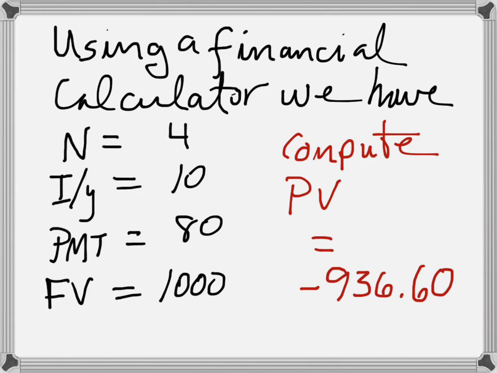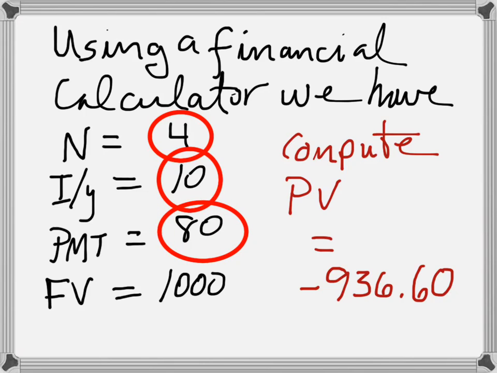We are going to use an N of 4, right? The interest rate per year that we're going to be using is 10. The payment is going to be 80. Future value is 1,000.